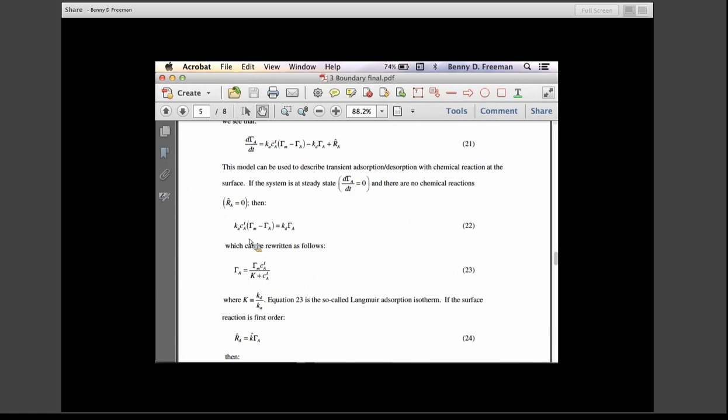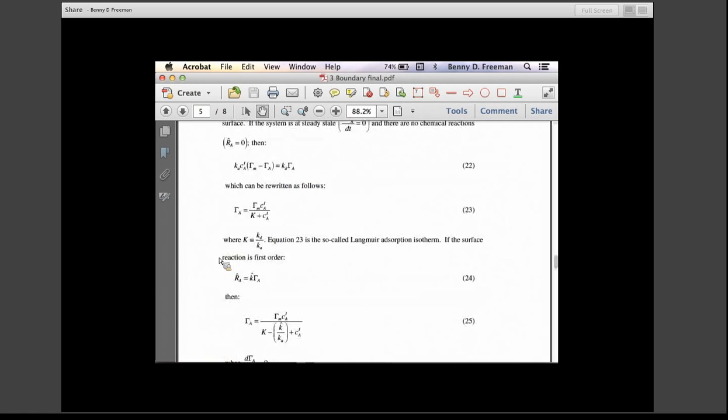And I can write this term, the surface concentration of A, I can reorganize this expression in terms of the surface concentration of A, and look what I get. I get that the surface concentration of A depends upon the maximum surface concentration of A, times the concentration of A in the phase just next to the surface, divided by this equilibrium constant, the ratio of the desorption-adsorption rate constants, plus the concentration of A next to the interface.